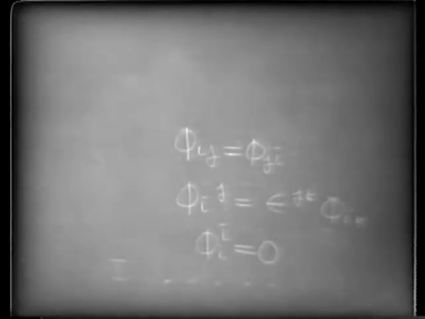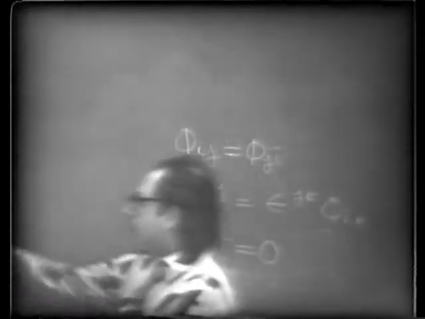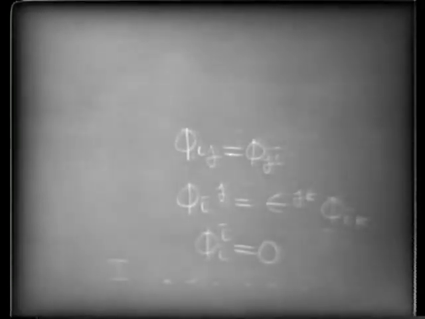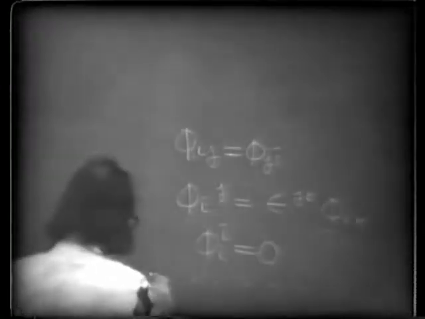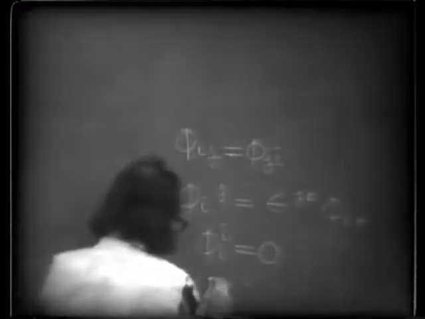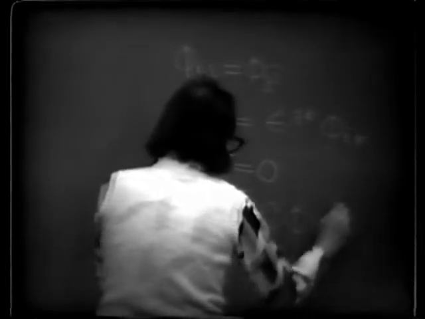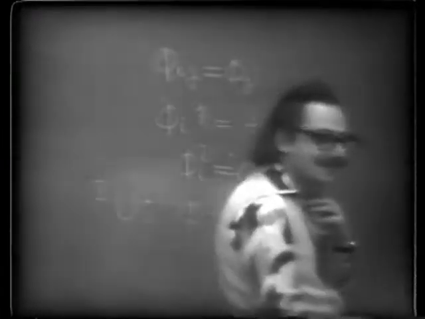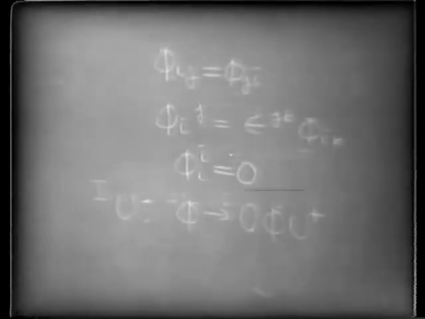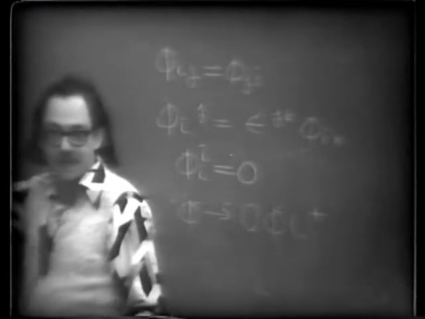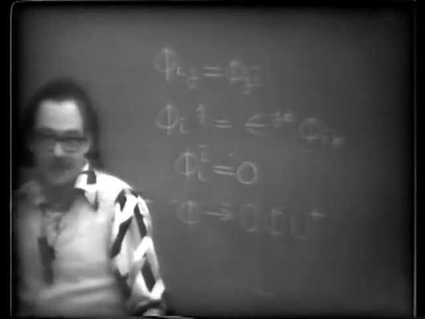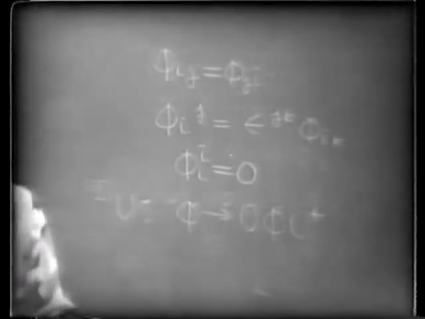Because we've raised an index, this transforms like the outer product of one row vector and one column vector, and therefore under the action of U, I can write things in simple matrix form. Phi, a 2 by 2 matrix, goes into U phi U adjoint. This transforms just like the product, not the product of row times column, which is a scalar, but the product of column times row, which is an object with two indices.